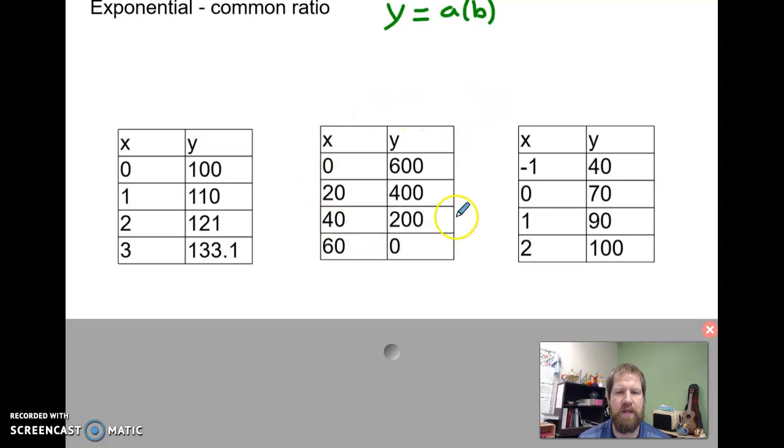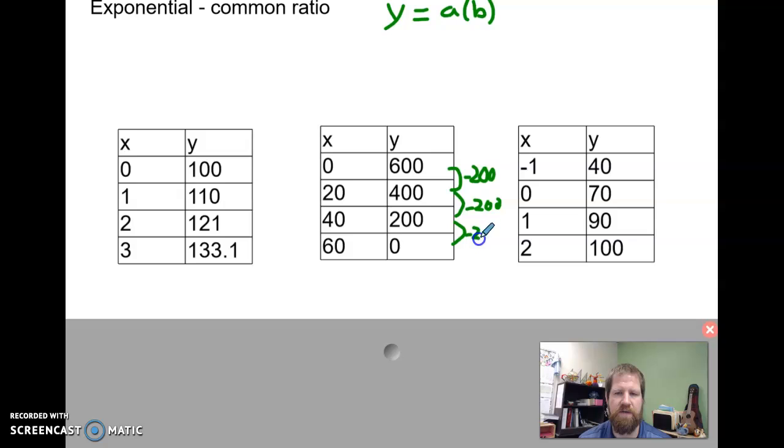So if I look at a few different tables, a lot of you probably can see right away that this one has a really consistent, same difference. We are subtracting by 200 each time, right? There's 200.